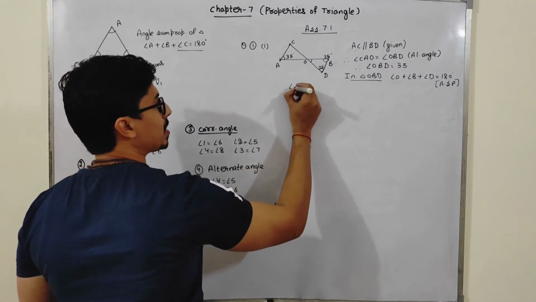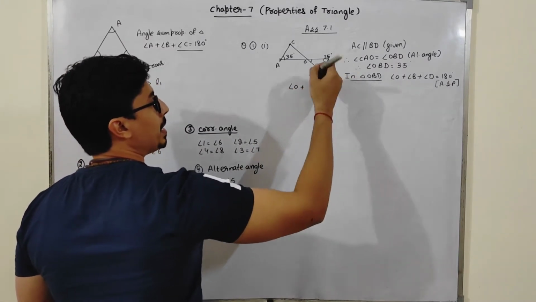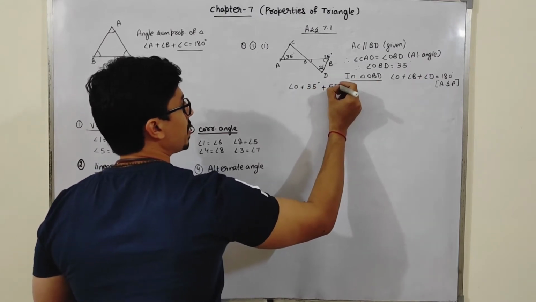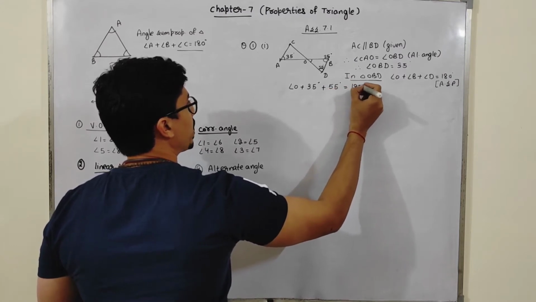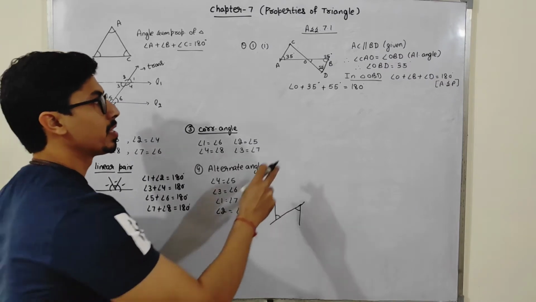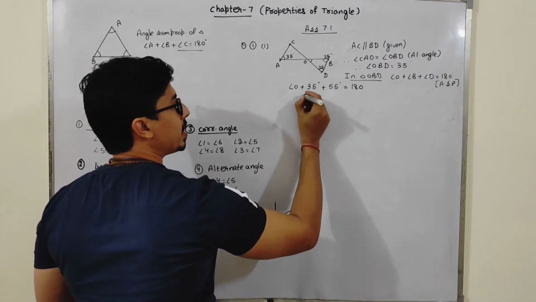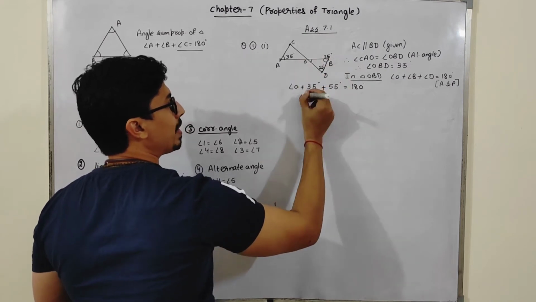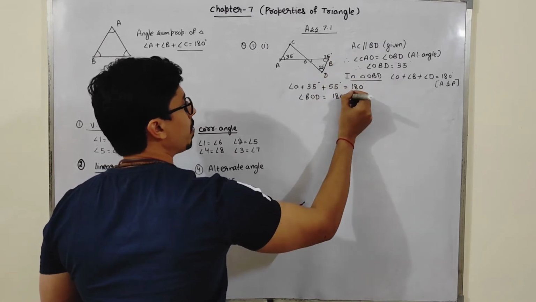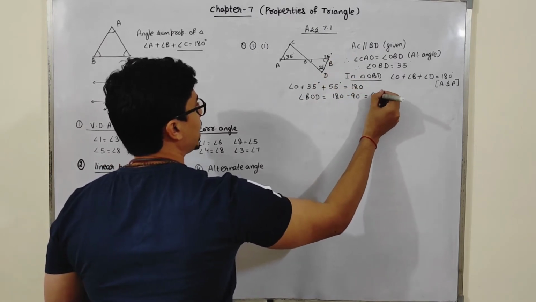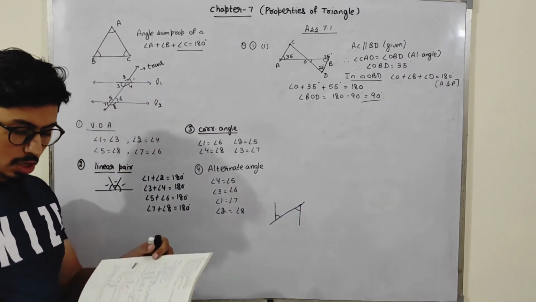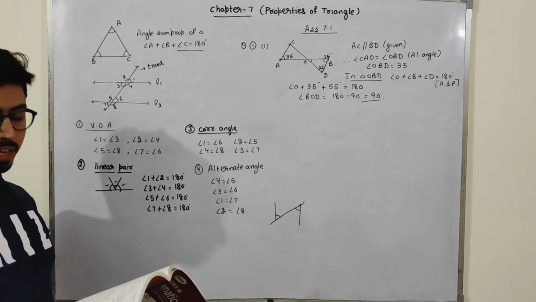So angle O as it is, angle B is 35 degrees, angle D is 55 degrees, is equal to 180 now. If I add them, it will be 90. So angle BOD, that we have to find out, 180 degrees minus 90. So the answer is 90 degrees. So 90 degrees is my required answer, that is part C, is our required answer.